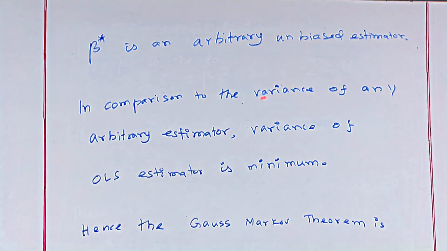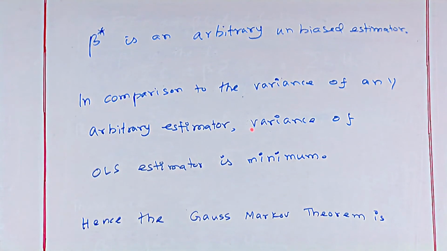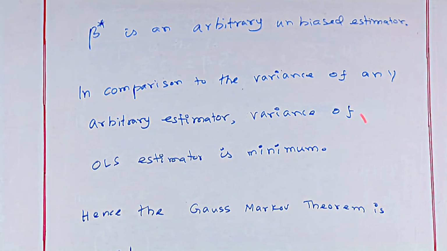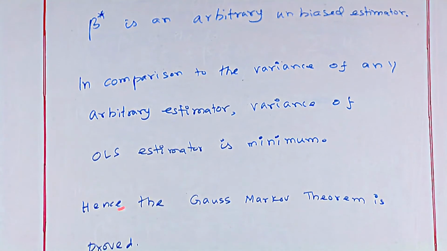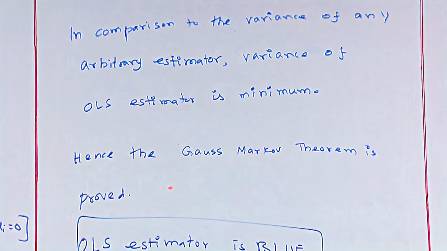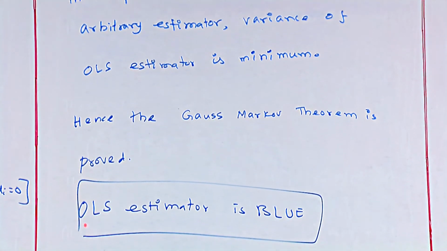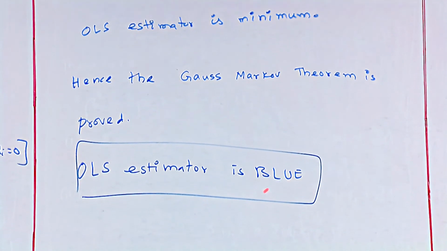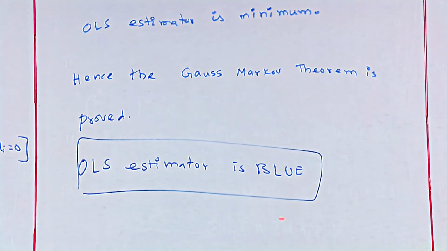In comparison to the variance of any arbitrary unbiased estimator, the variance of the OLS estimator is minimum. Hence the Gauss-Markov theorem is proved. From this we may conclude the OLS estimator is BLUE, that is, best linear unbiased estimator.